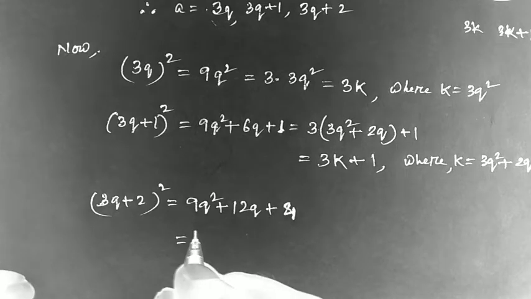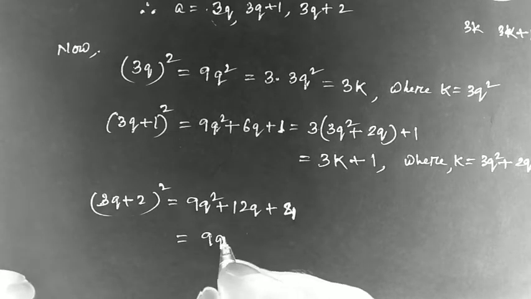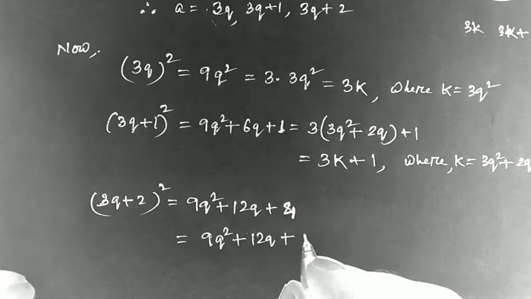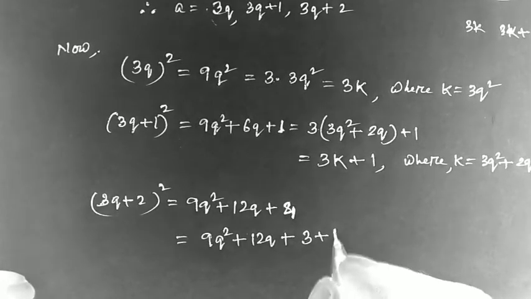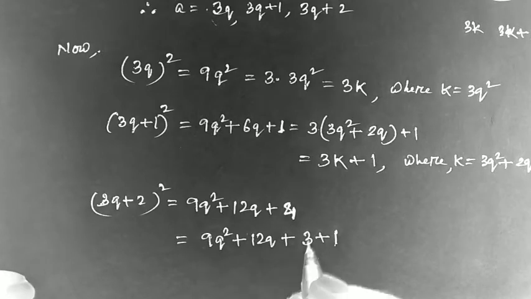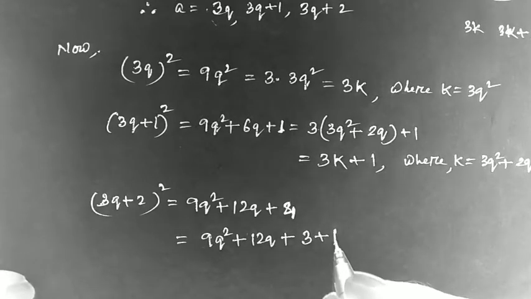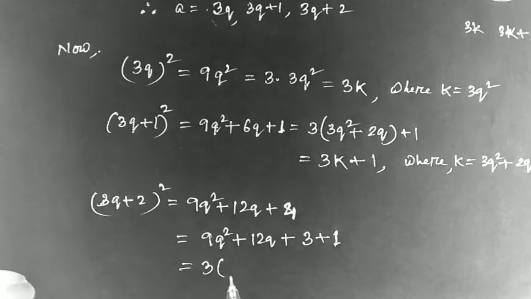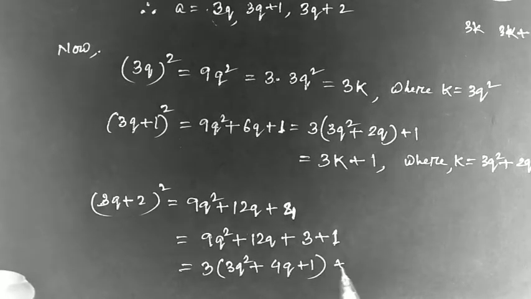But if we write like that, 9q square plus 12q, this 4 can be written as 3 plus 1. Then from these 3 terms we can take 3 common and plus 1 will remain extra. So here 3 common, 3q square plus 4q plus 1, and this plus 1 is extra.